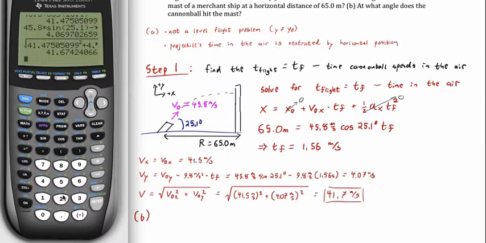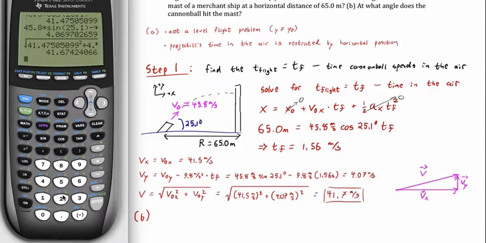Obviously it's much, much bigger in the x direction. It has a small y component. So this is the velocity, not the initial velocity, but the velocity at which the cannonball strikes the mast. This is not exactly to scale, but there we have our two components. This is Vx, which is the 41.5, and about 10 times smaller is Vy.